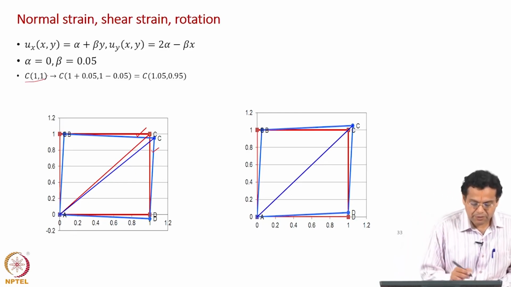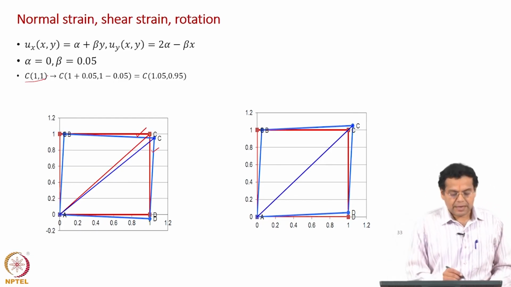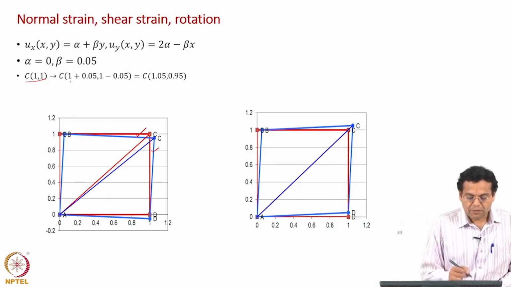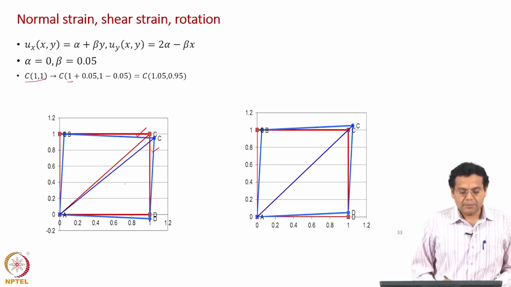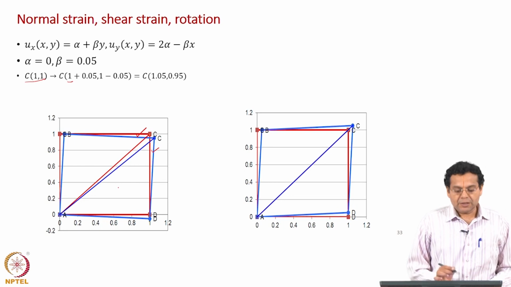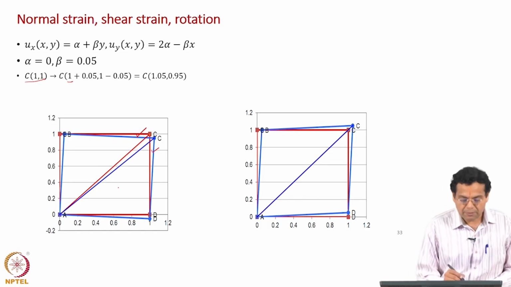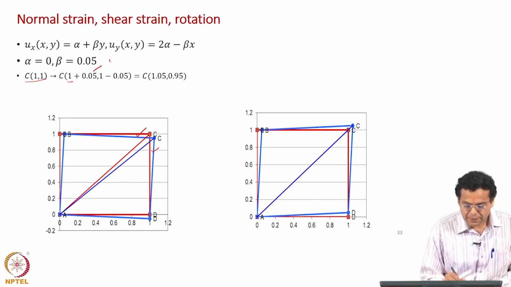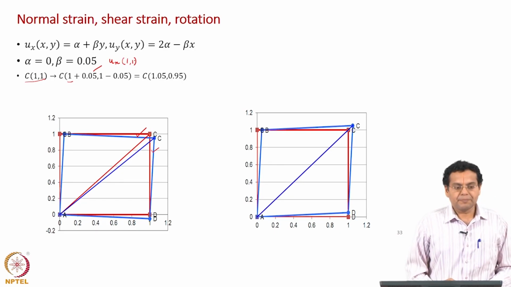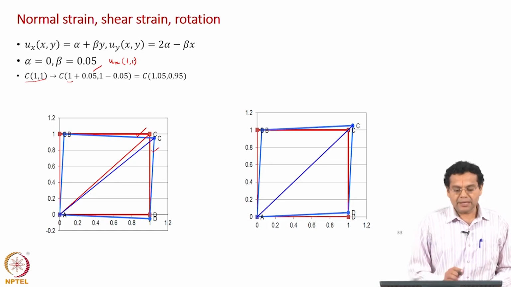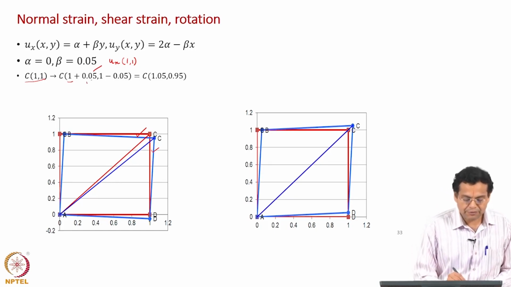C 1 comma 1, once again we will consider C, and it moves to, how do you find the final coordinate? The initial x coordinate plus the displacement ux, and ux is a function of x comma y, I need to evaluate at 1 comma 1. So, this one represents ux at 1 comma 1, and if you evaluate alpha as 0, beta is 0.05, multiplied by 1 gives you 0.05.